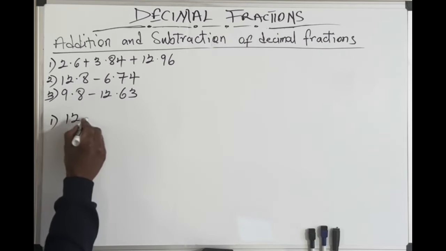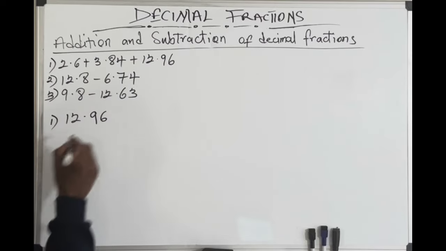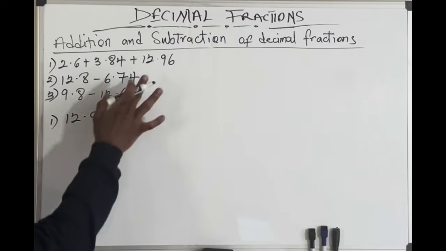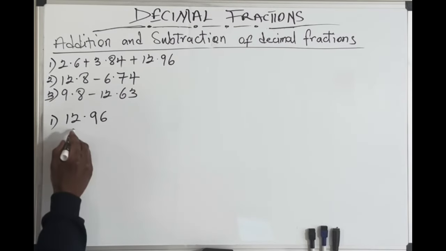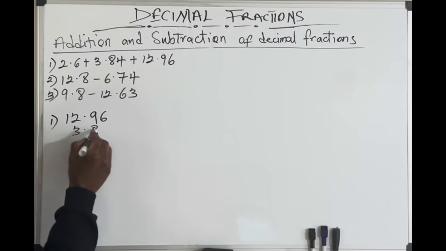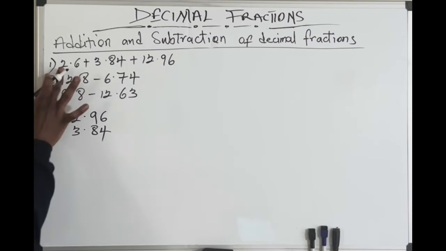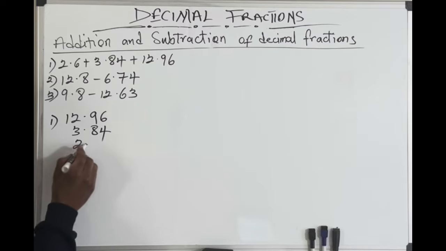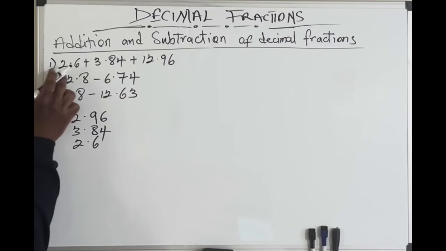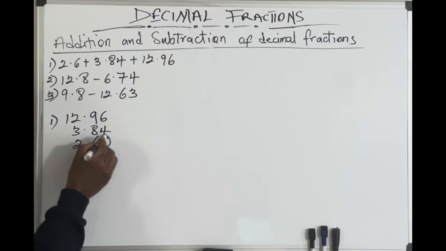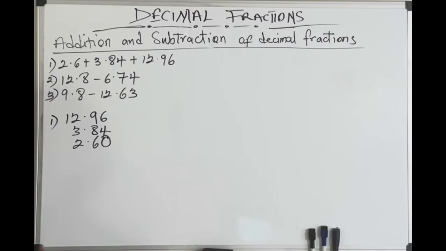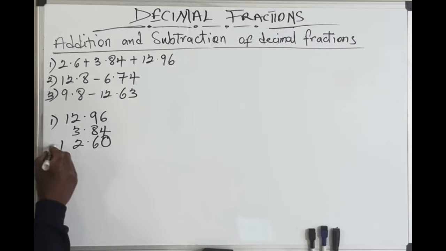So that will come first, 12.96, then plus 3.84, and then plus 2.6. There is no number, so we bring a 0. As I said, in any mathematical problem, when there is nothing there, just bring 0 and then work your way out. We are told to add these.